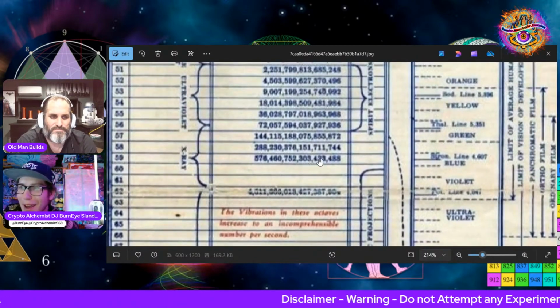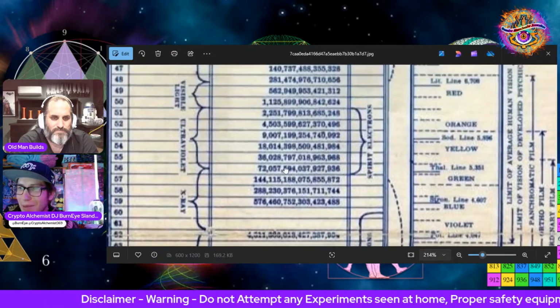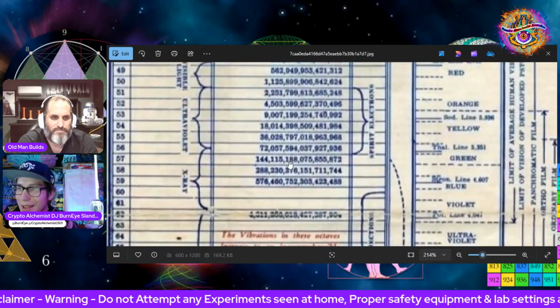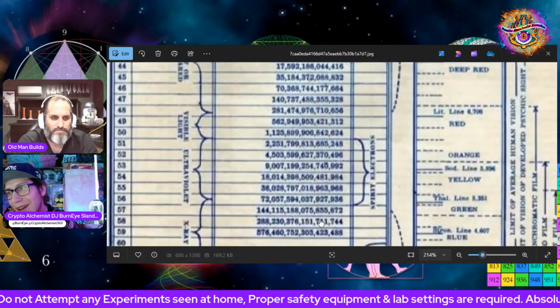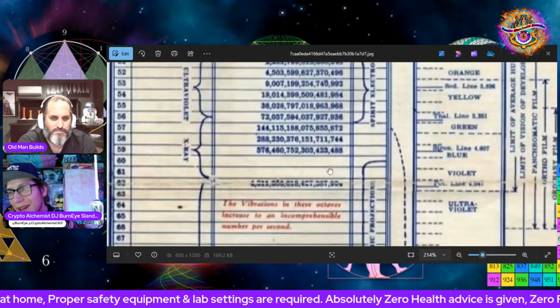Right, but at a quadrillion, we're in the X-ray, right? That's vibrations per second, and terahertz, I believe, is trillion, right?